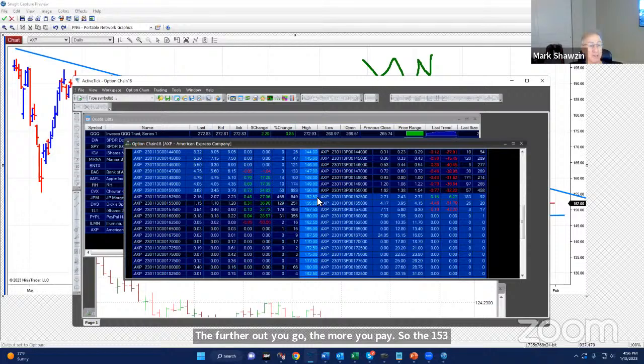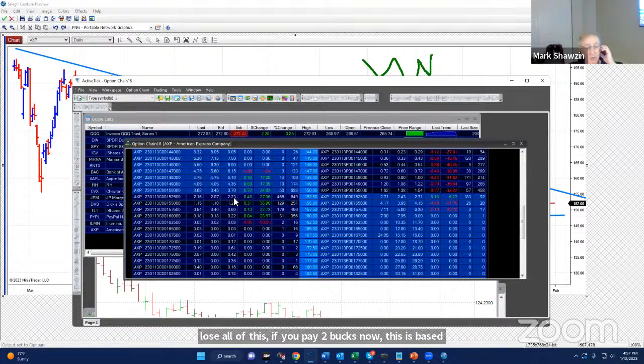So the 153 calls are trading. Now, in this case, you just have the 152.5. They stagger every $2.50. So the 152.5s, which are slightly on the money, are $2. Somewhat expensive. So when I get into a call, my whole risk profile going into a call, because you have to be prepared to lose all of this. If you pay $2, now this is based on 100 shares. So you have to multiply 2 times 100.